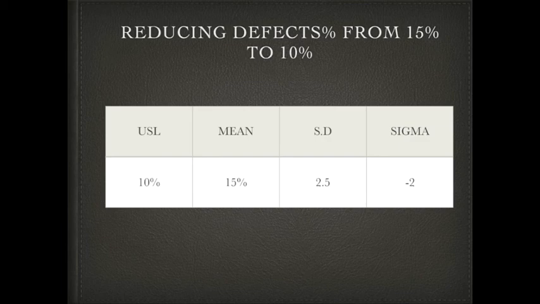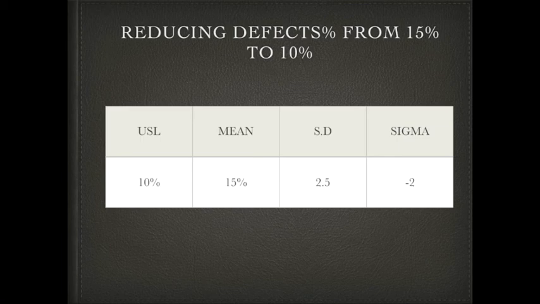Let us consider that in this organization, the defects percentage was somewhere around 15% and they want to reduce it to 10%. Since it is a reduction, as we have seen before, for anything to reduce we have an upper specification limit, and the mean is 15% with a standard deviation of 2.5.